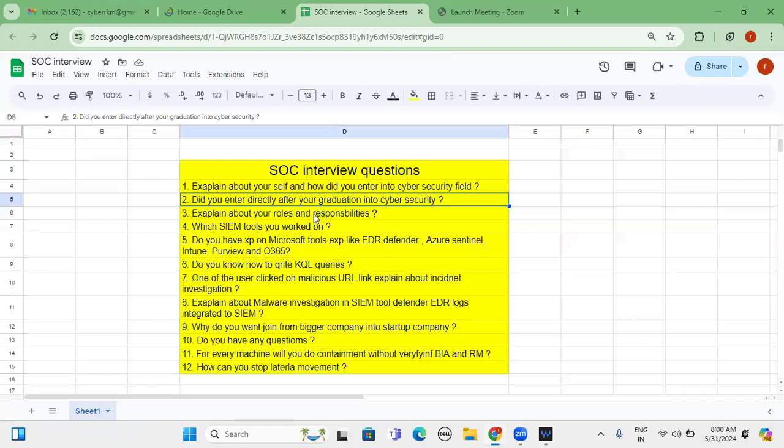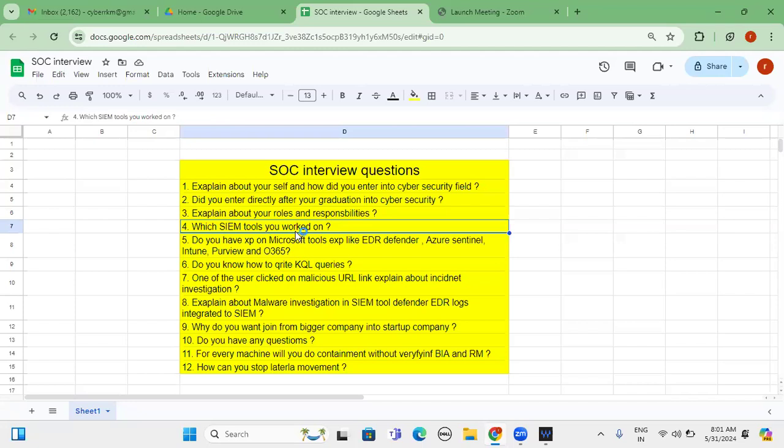So the third question is explain about your roles and responsibilities. Here the interview candidate has to explain about the 5+ years of experience, whatever he mentioned in the resume. He has to explain about his role as part of L2, which SIEM tools he worked on. I think in his resume, he mentioned LogRhythm and IBM QRadar.